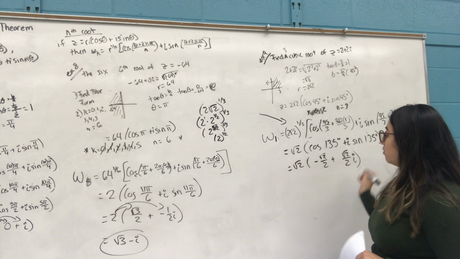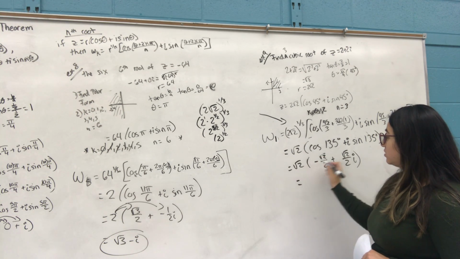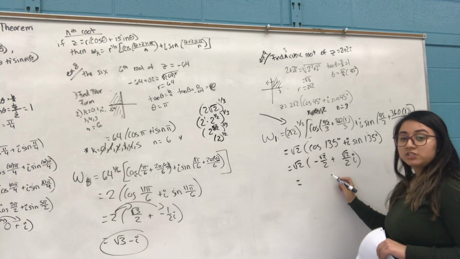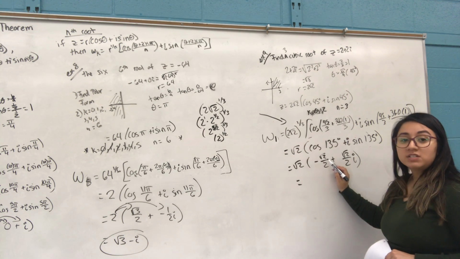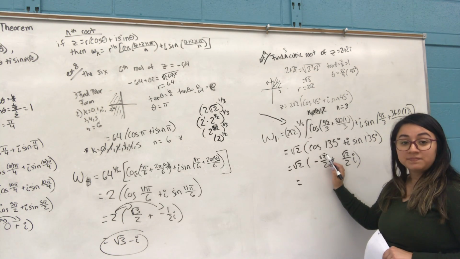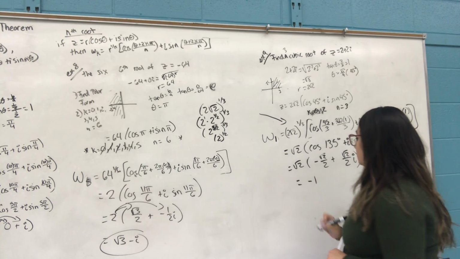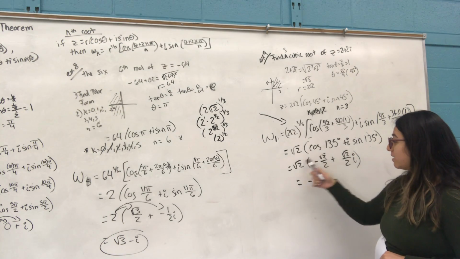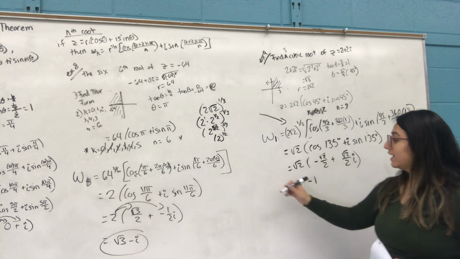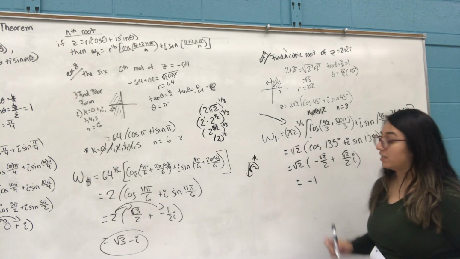Now I go ahead and multiply it out, and when I multiply it out, radical 2 times negative radical 2 over 2. Radical 2 times radical 2 is considered radical 4, which will be simplified to 2. And then I'll have negative 2 over 2, and I'll just end up with negative 1. So again, you're multiplying the radicals there, or you can look at it as radical 2 squared, and they cancel out, and you end up with a 2.